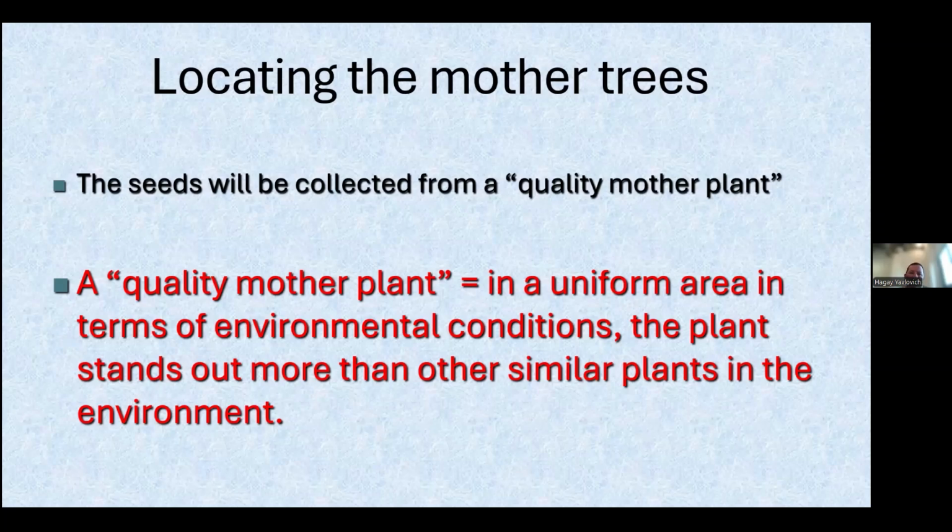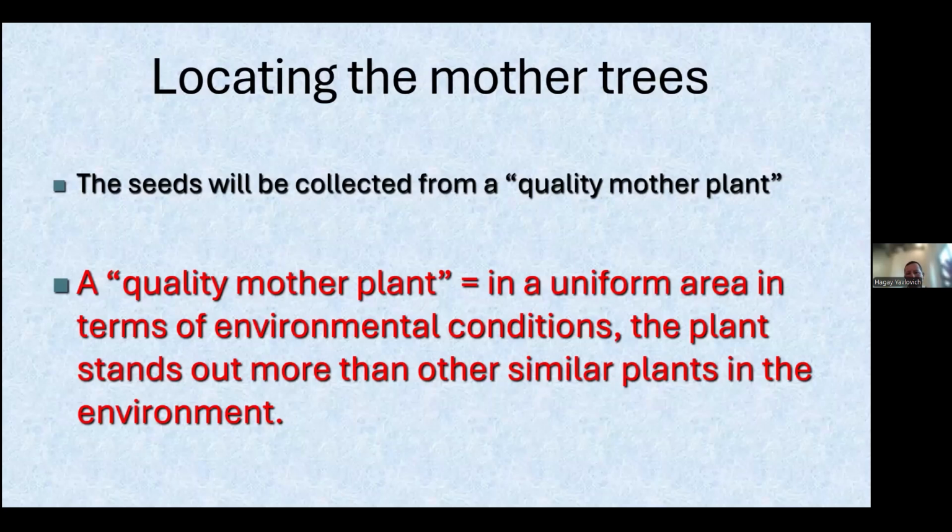Here in Israel, or actually all over the world, if you don't have a plot that you defined as the best plot, you look at a uniform area, an area that is all the same in terms of environmental conditions, and all the trees look the same, but then one tree is bigger or has something better.